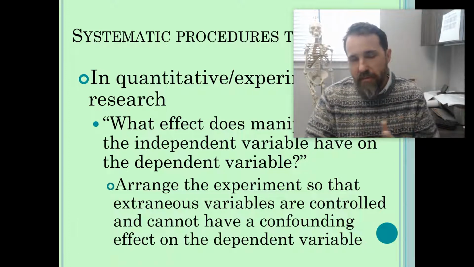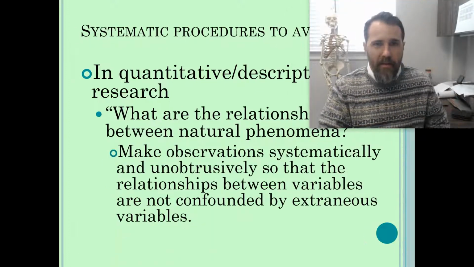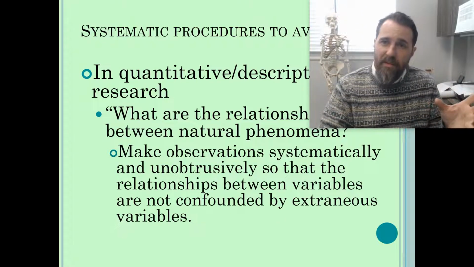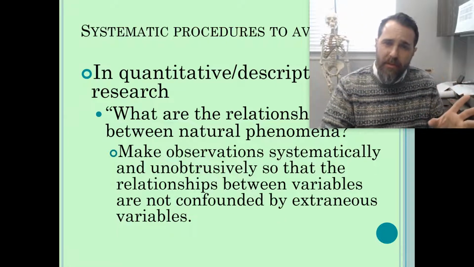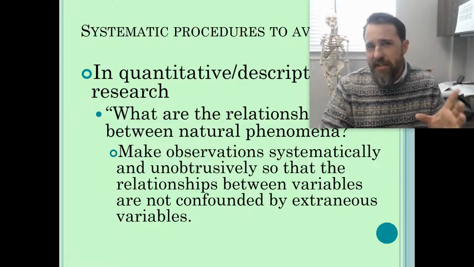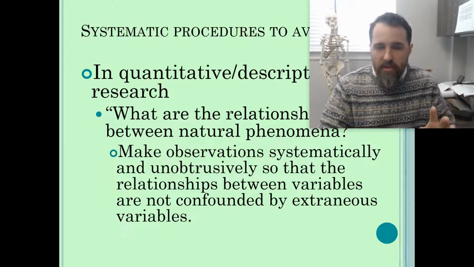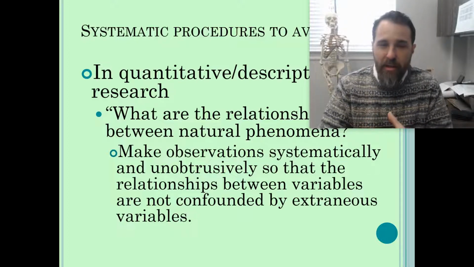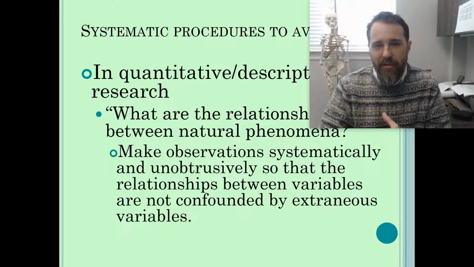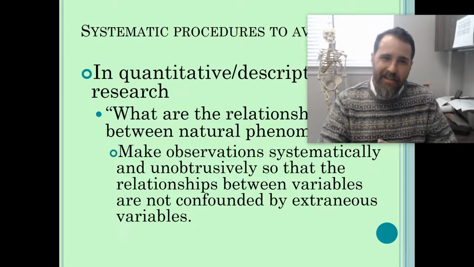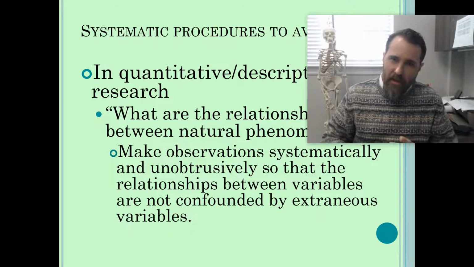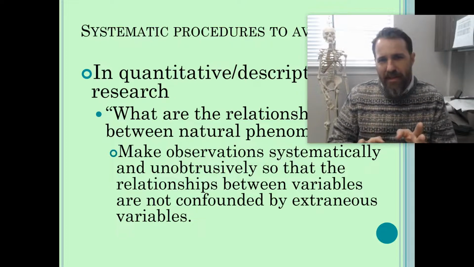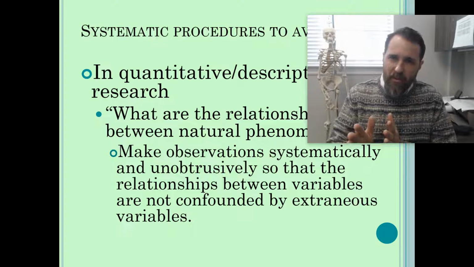And there are different ways of doing that we're going to get to in a minute. In descriptive research, which, remember, is still quantitative research, you're not setting up an experiment. So your way of going about controlling for extraneous variables is going to be different. Recall that in descriptive research, you're trying to figure out what the relationship is between natural phenomena.